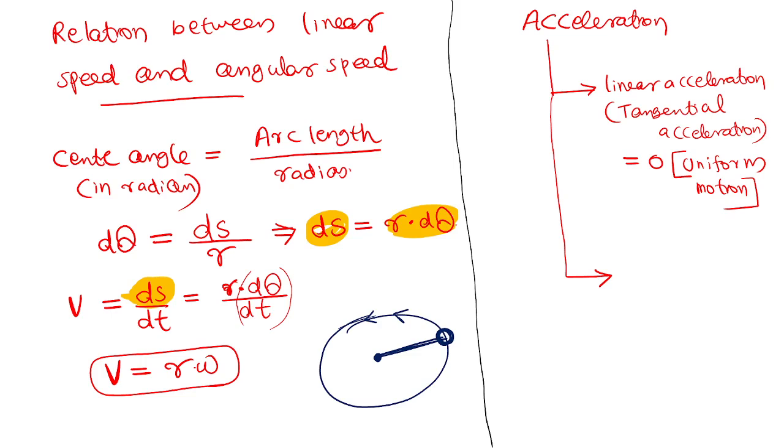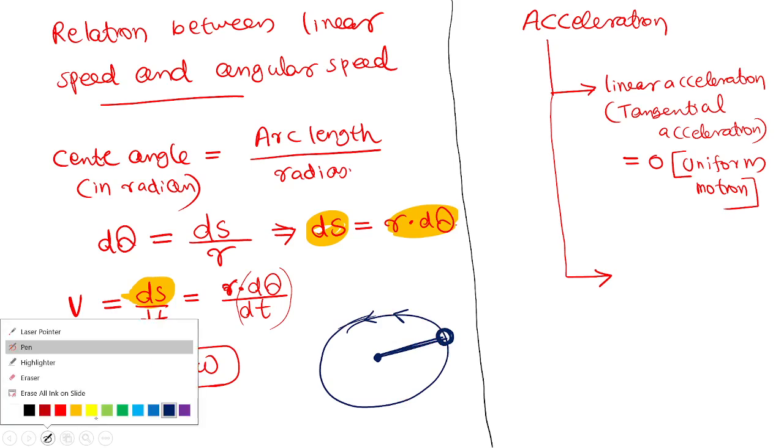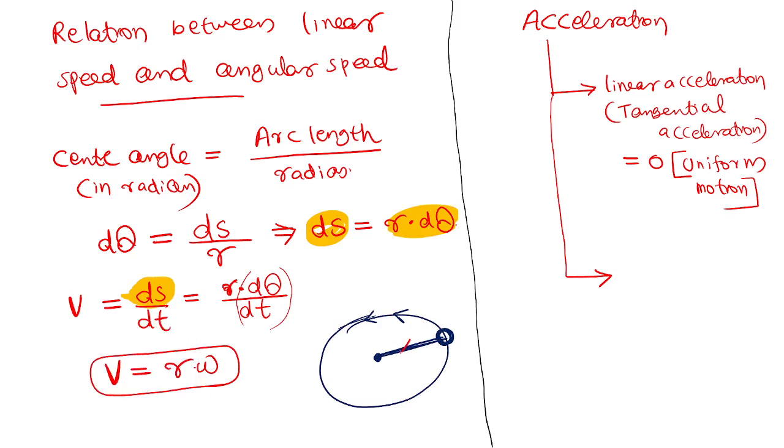Please respond. Definitely, while the body is rotating, every time I am applying a force towards the center. Every time I must apply a force towards the center. So some force is necessary towards the center. If I do not apply the force towards the center, what happens?